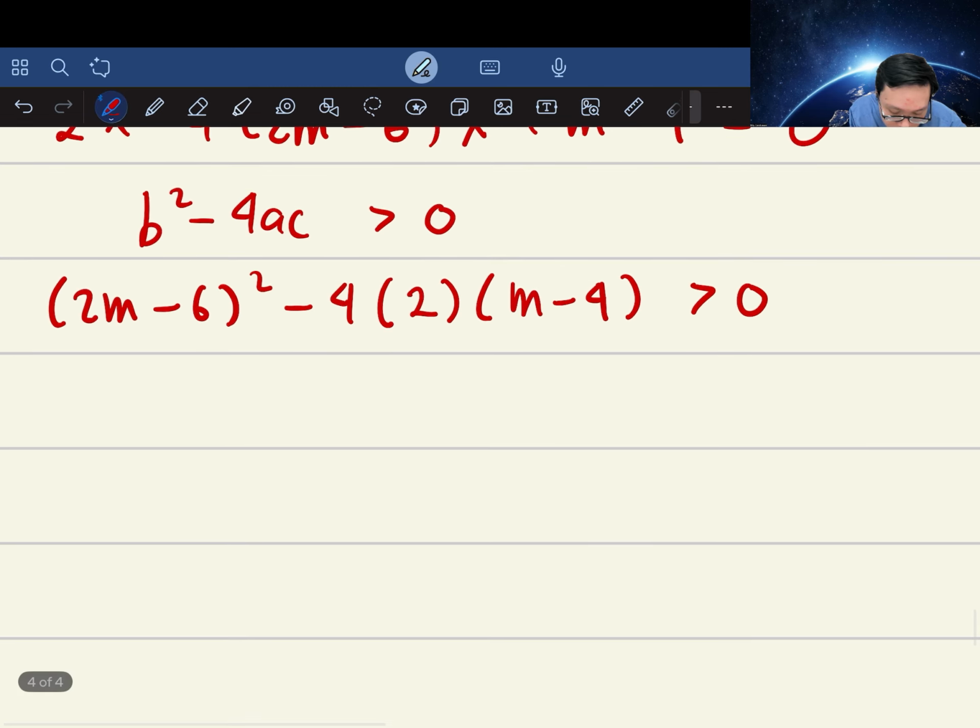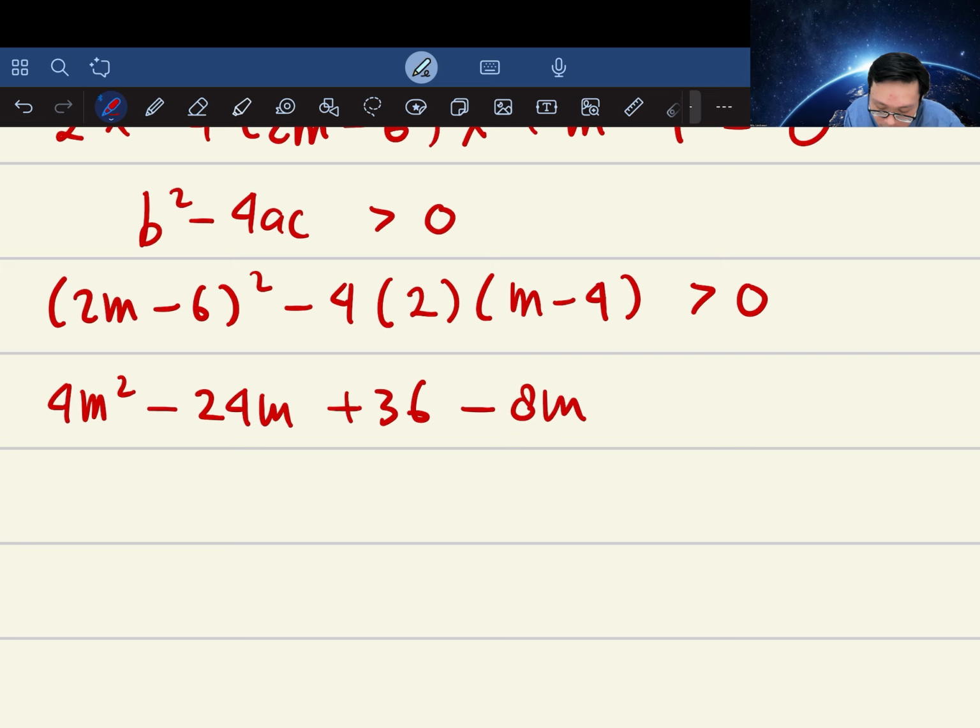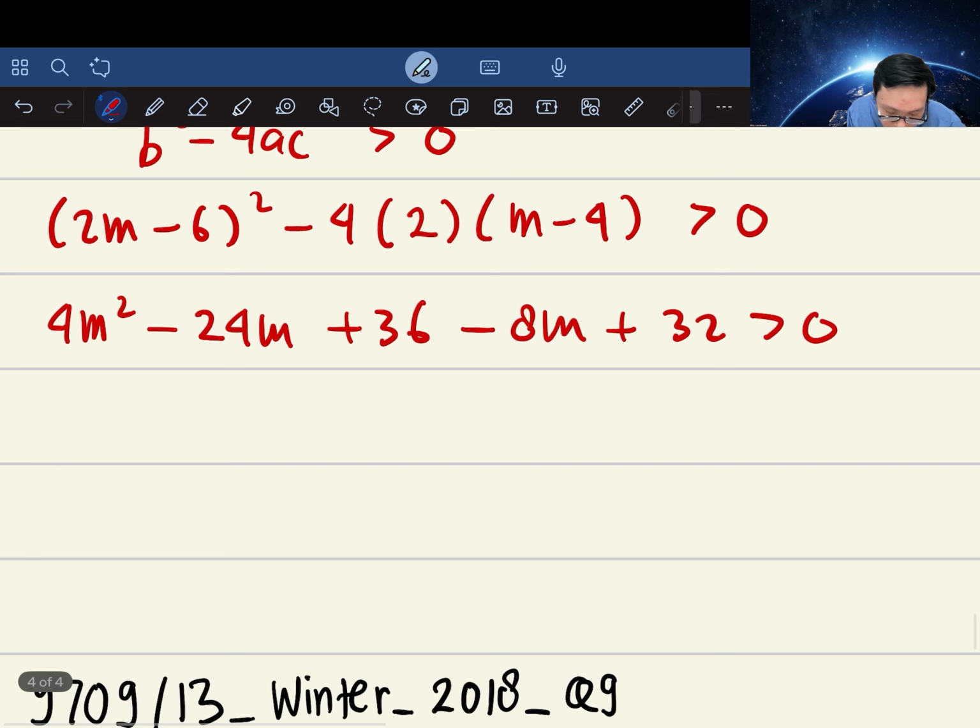So we expand, guys. Here we have 4m squared minus 24m plus 36 minus 8m plus 32 greater than 0.